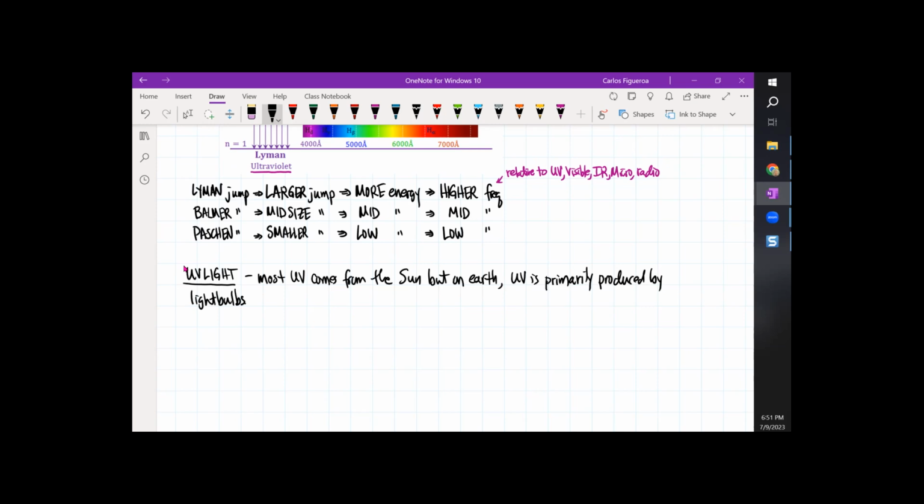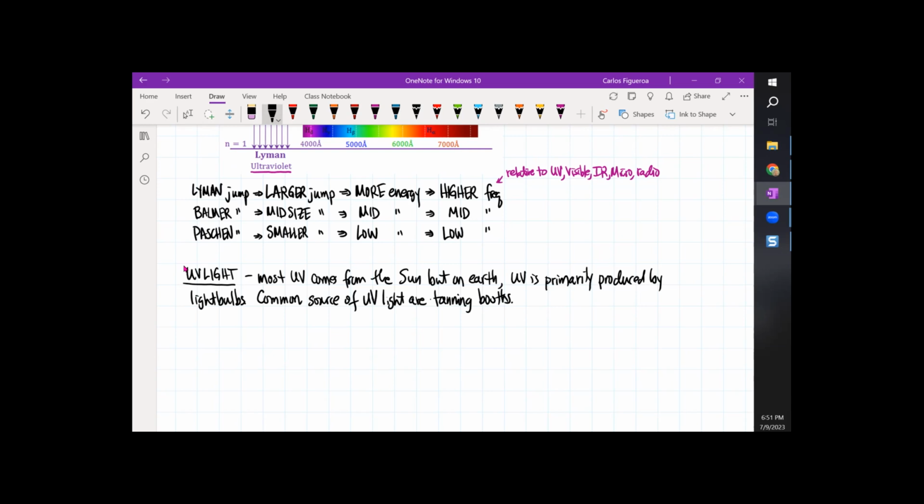So what do I mean by light bulbs? Well, one common source of UV light is tanning booths. They produce UV light so that you can artificially get tanned.